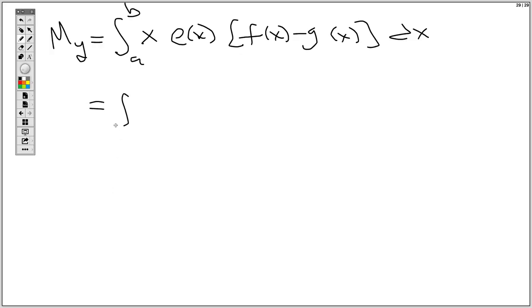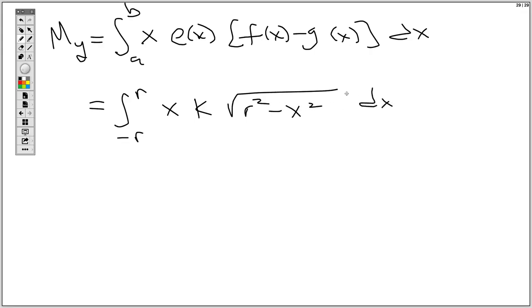For our particular case, I'd be integrating from minus r to r of x, the density is constant, and then f of x is the square root of r squared minus x squared. Once again, g of x is 0, because it's the x-axis. And I can pull the k out front: k times the integral from negative r to r of x times the square root of r squared minus x squared dx.